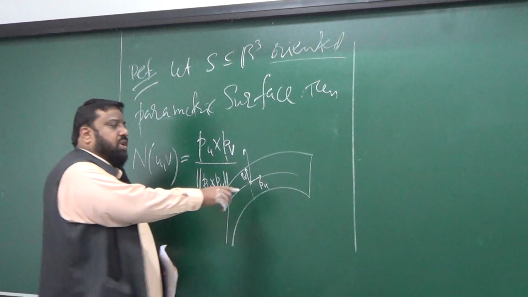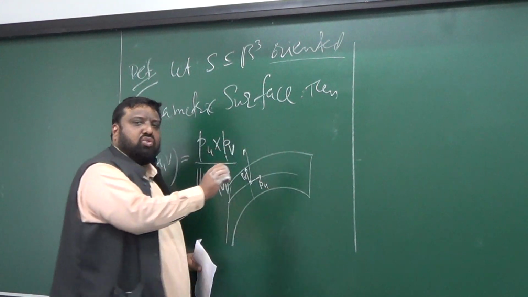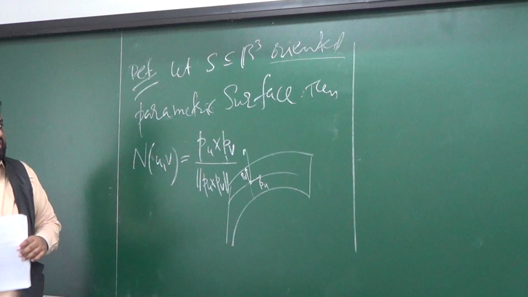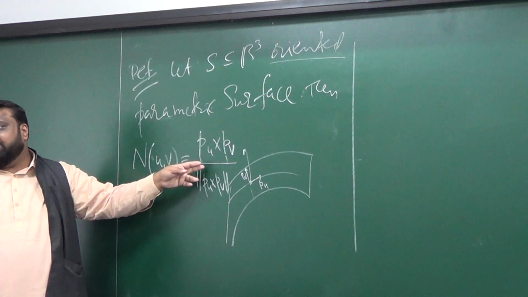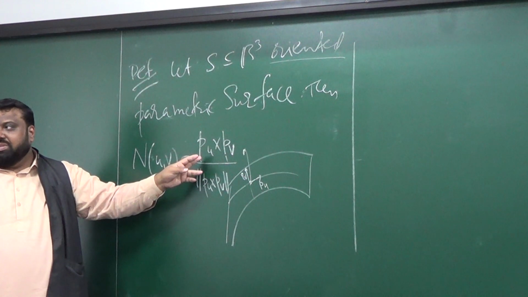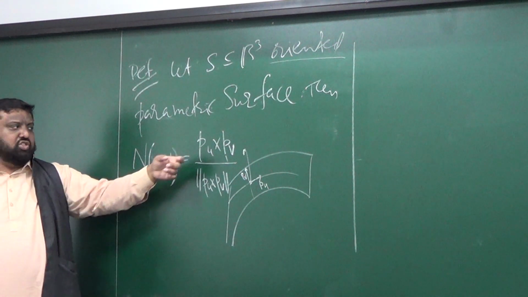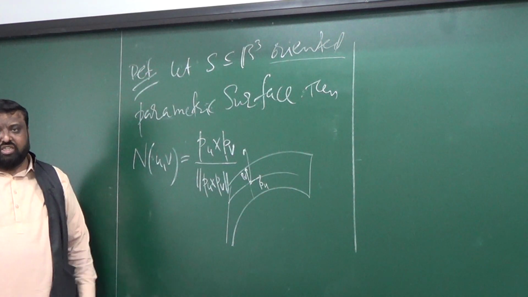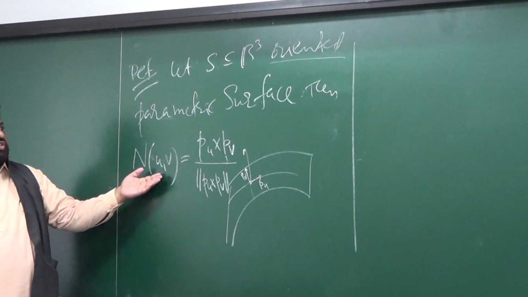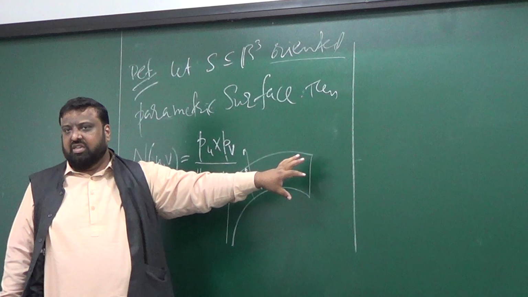No matter what point you take on the surface, you can always draw a normal vector, because this is never zero. The situation is going to be tricky when this can be zero, but we are excluding all those points u, v for which PU cross PV is zero. We are not interested in those points. So by definition, you can always draw a normal vector onto a surface.